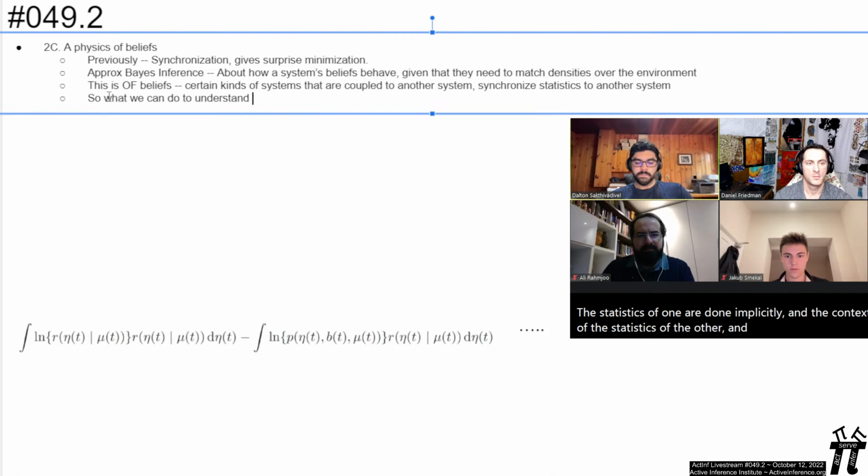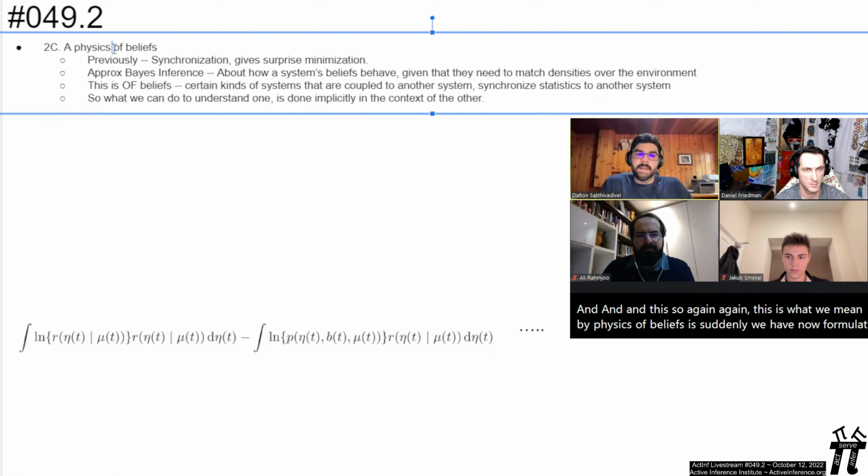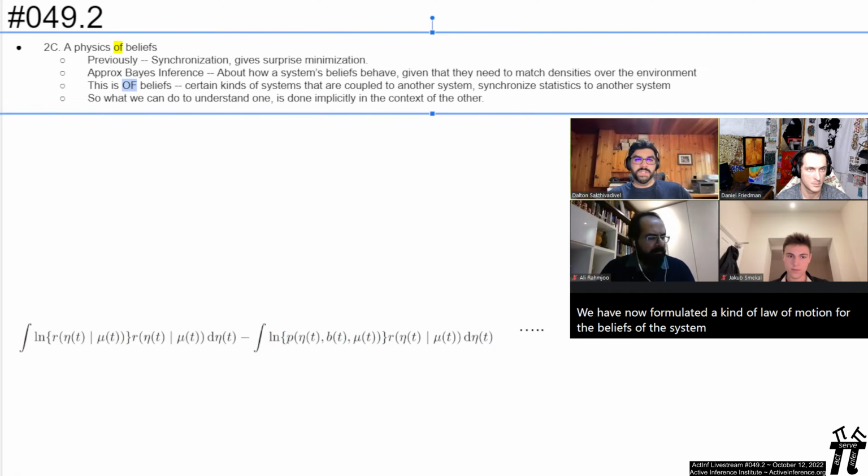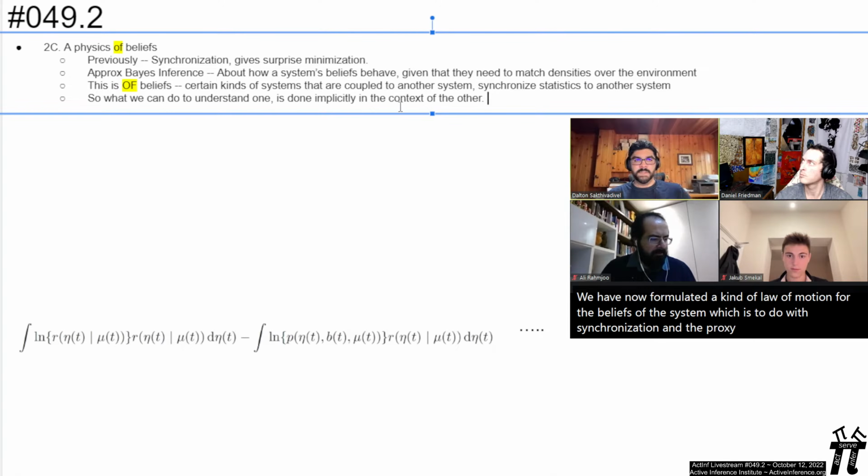And so again, this is what we mean by physics of beliefs: suddenly we have now formulated a kind of law of motion for the beliefs of the system, which is to do with synchronization and approximate Bayesian inference.